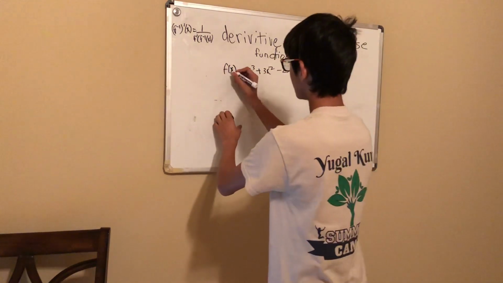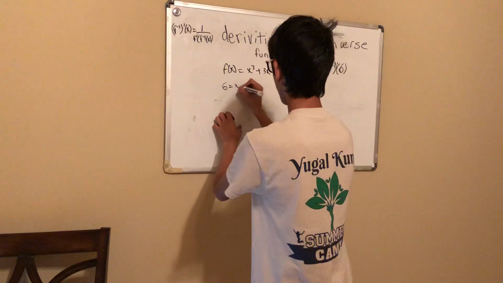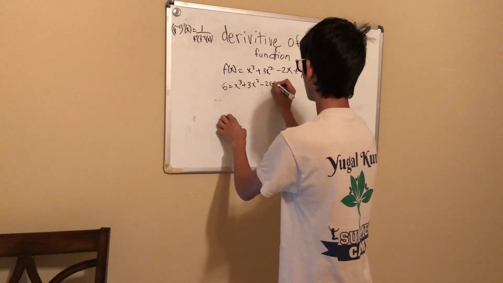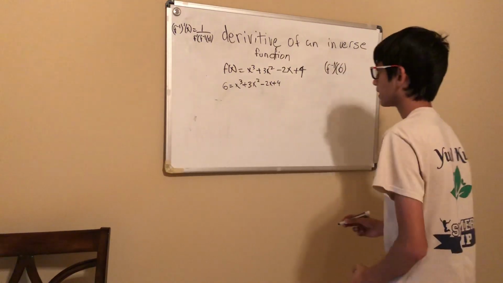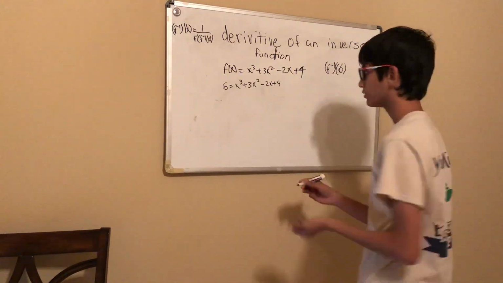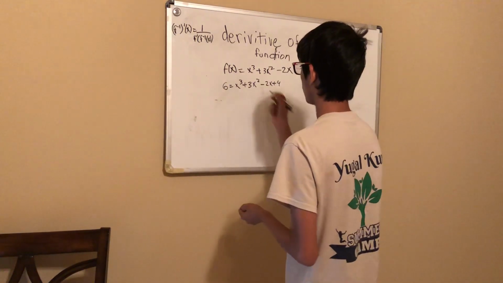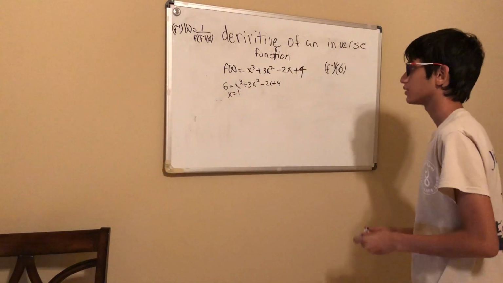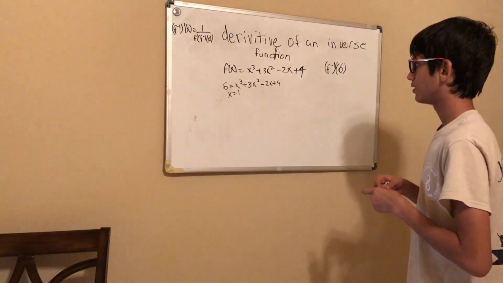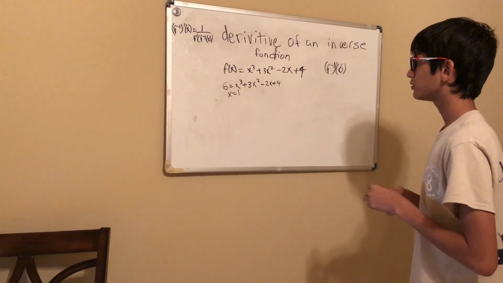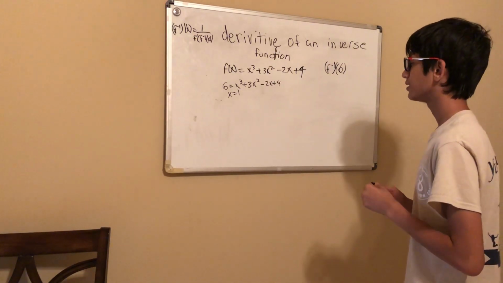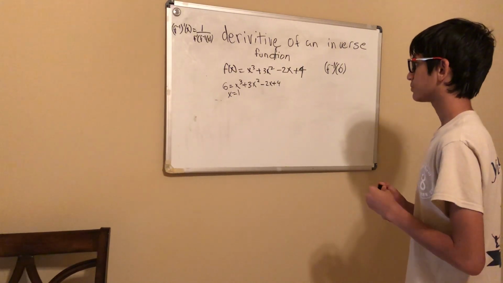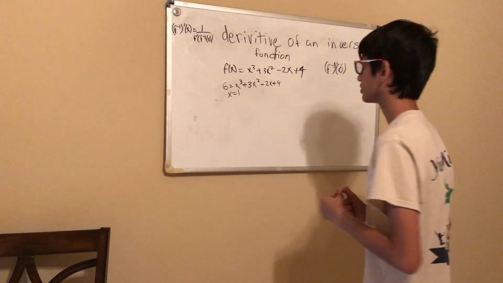So this is the same as saying 6 equals x cubed plus 3x squared minus 2x plus 4, right? And if you just plug in and check, you would get 1. So x equals 1 is the answer to this. You could probably do something like factoring, but that's way too complicated.